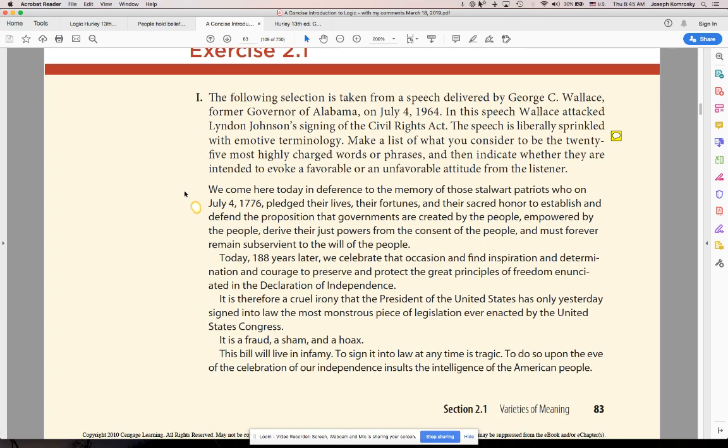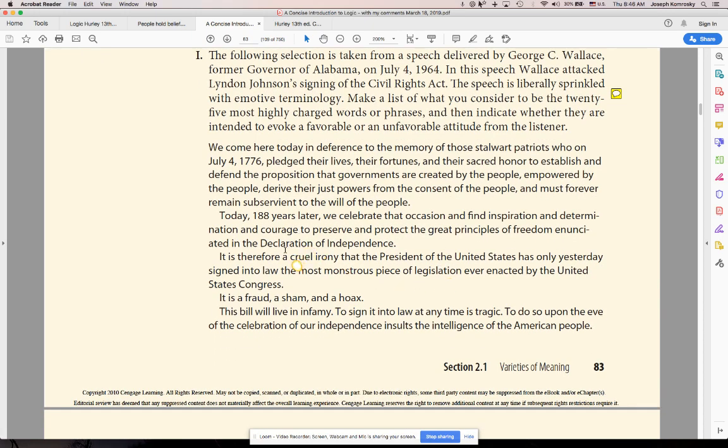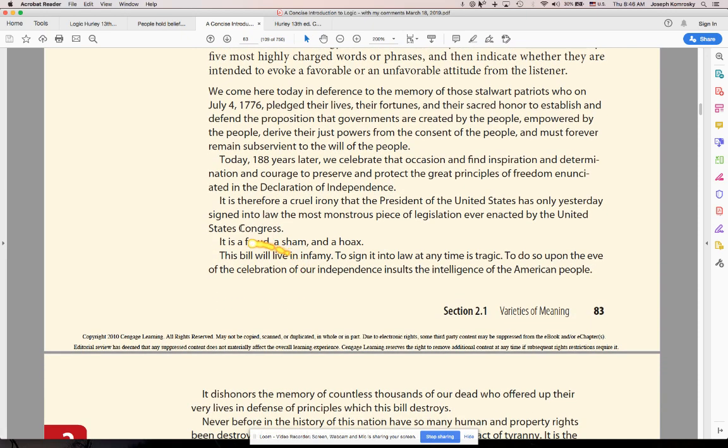So let's scroll through here, see if we can find a few words that stand out that elicit an emotive response. Great principles of freedom. Maybe great, right? Seems positive. Ooh, cruel irony. Cruel, is that good or bad? Well, that's bad, right? So it's eliciting an emotive response. Ooh, it's a fraud, sham, a hoax.